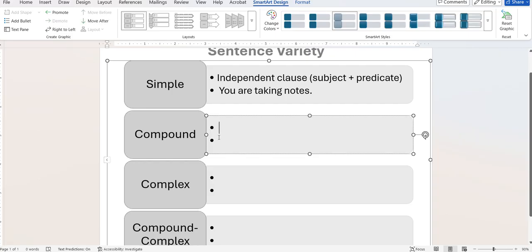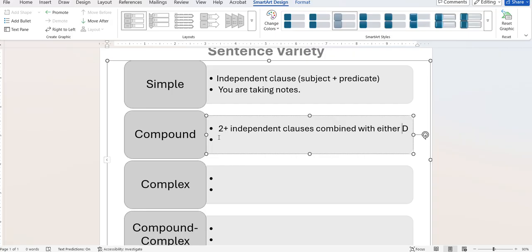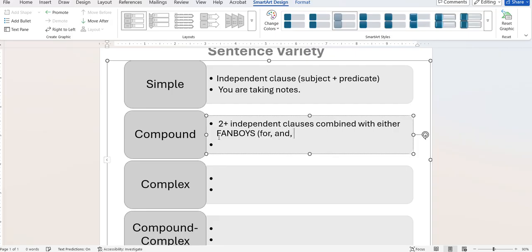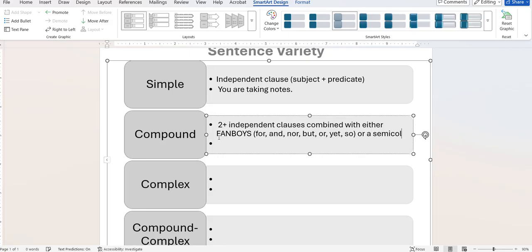Go up. So a compound sentence, this is when you have two or more independent clauses combined with either fanboys, which are for, and, nor, but, or, yet, and so, or a semicolon.